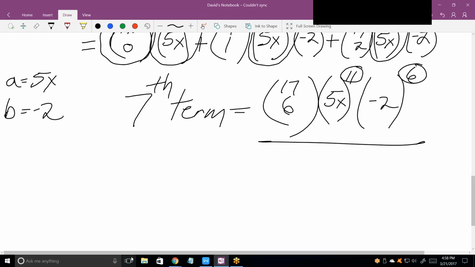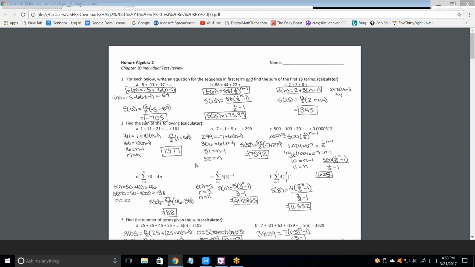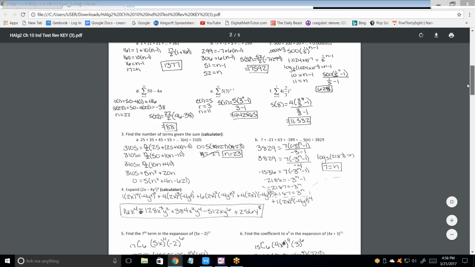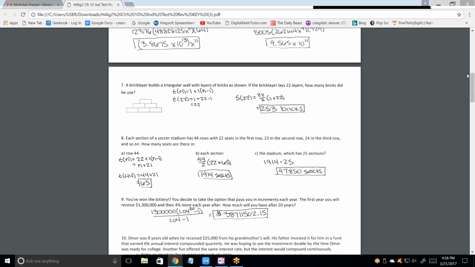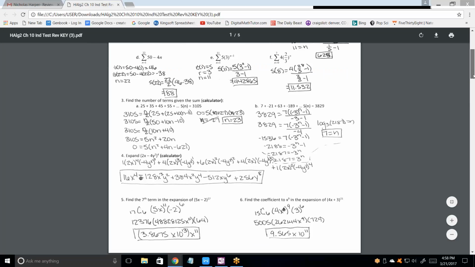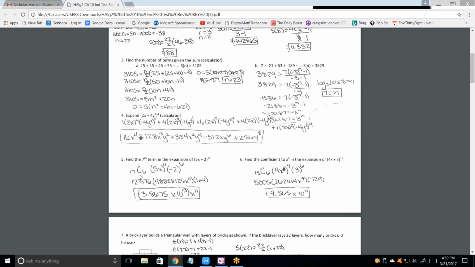Let me just bring up the key and see what she did with it. Find the seventh term. Notice that she doesn't even go through the first 6 terms. She knows this formula for the binomial expansion. She knows that the seventh term is 17 choose 6.